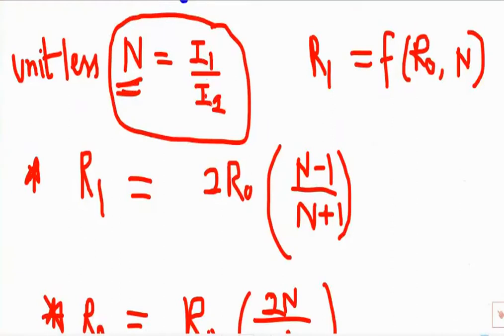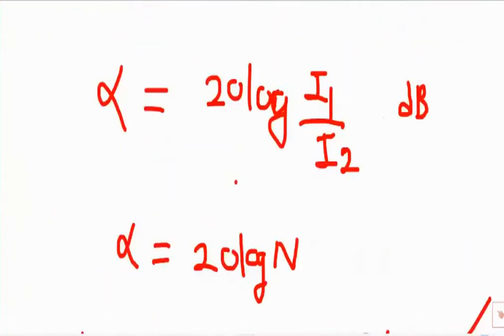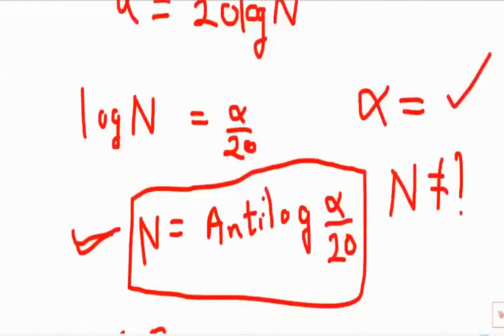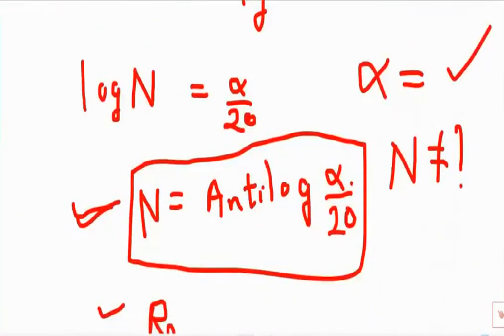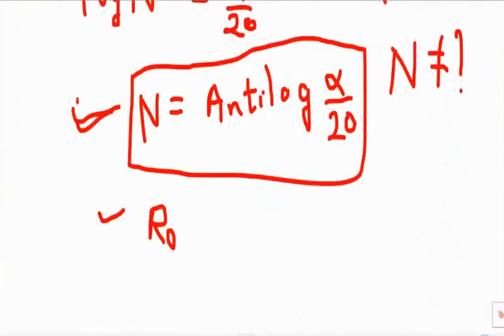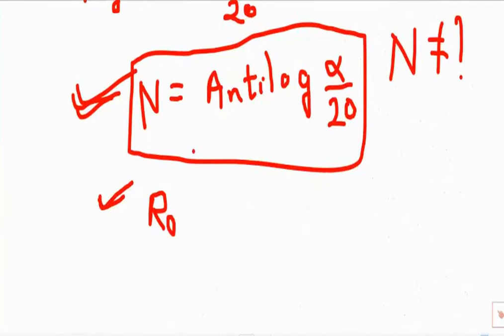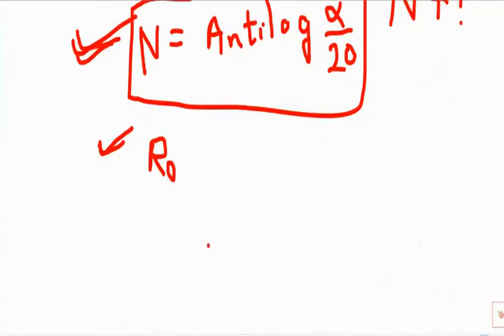It is unitless. We know that the attenuation in dB, alpha, is 20 log I1 by I2, so we can get the relationship between capital N and alpha. Once capital N and R0 are available, we can calculate R1 and R2.